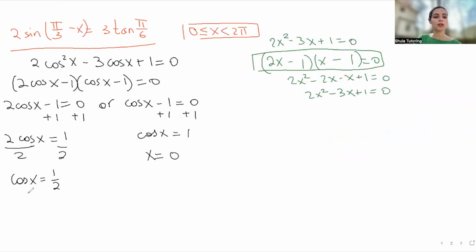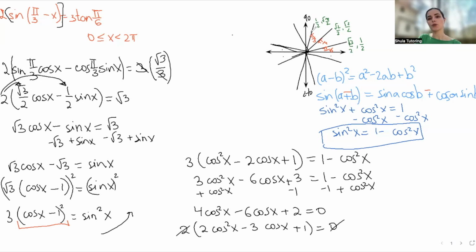Yeah, so here cosine x is equal to 1/2. Well, this is going to be our angles here, right? Closest to the vertical axis. And where is cosine positive? Cosine is positive in the first quadrant and in the fourth quadrant. So this is going to be pi over 3, 60-degree angle, and 300 degrees, or 5 pi over 3.